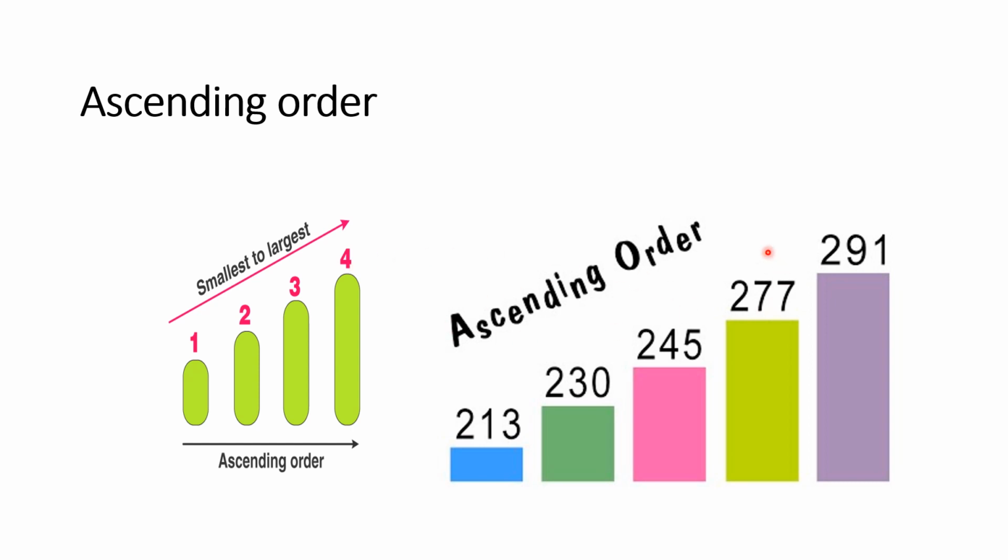In this example, you can easily understand what is ascending order of numerals. 213, 230 is greater than 213, then 245, which is greater than 230 and 213, then 277, and then the largest one, that is 291.